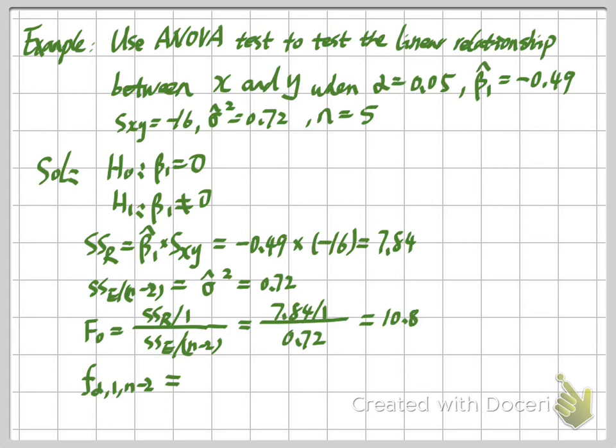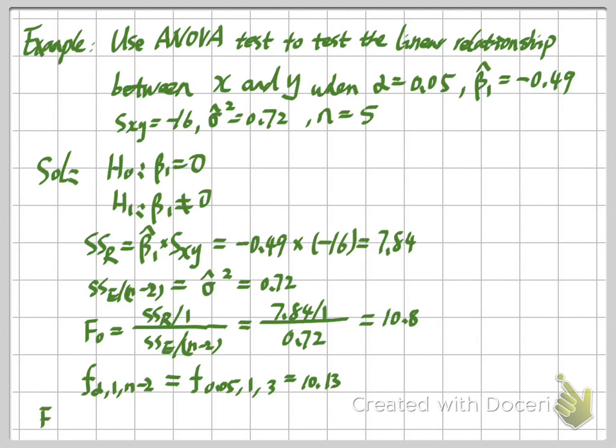That's why our critical value is F with alpha equal to 0.05, and degrees of freedom 1 and 3. Then if you look at the F table, we will have this one equal to 10.13. Okay, so this is our critical value.